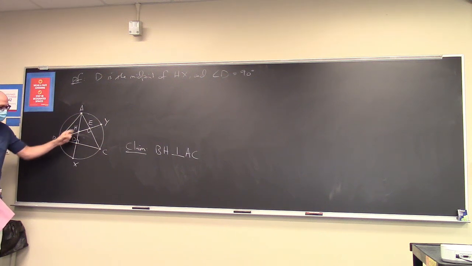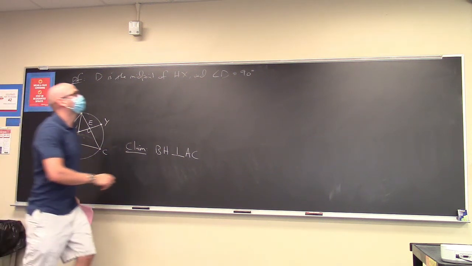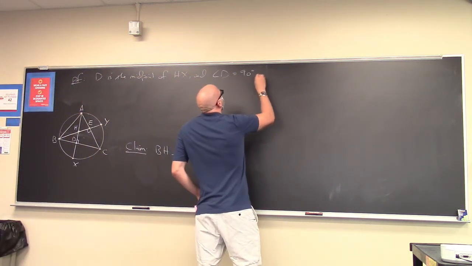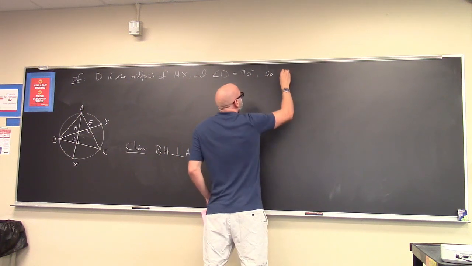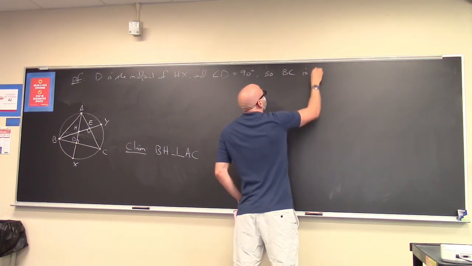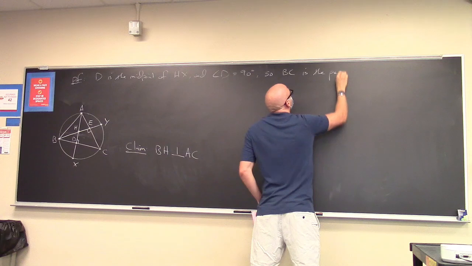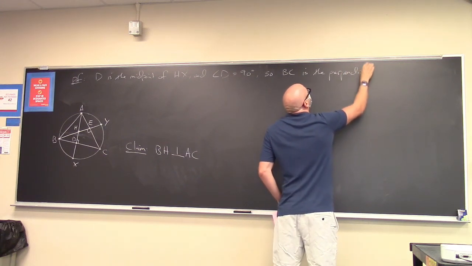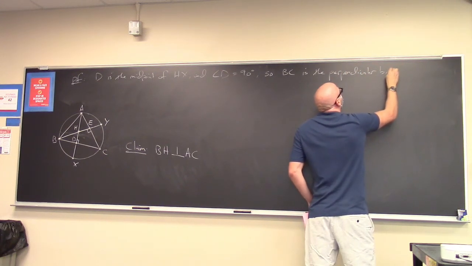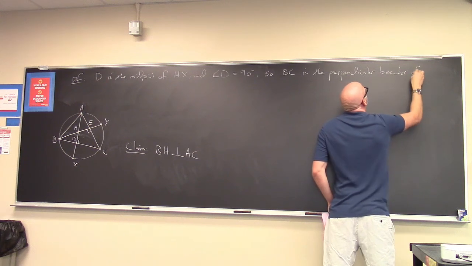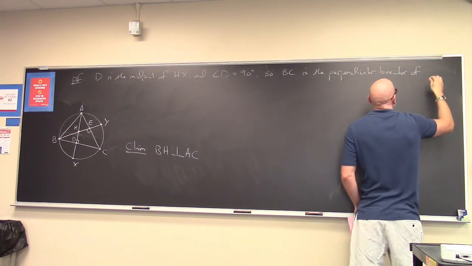BC is perpendicular to HX, but it's something more than that. Since it cuts right through the midpoint, it's the perpendicular bisector. All right, so it's more than just being perpendicular. So BC is the perpendicular bisector of HX.